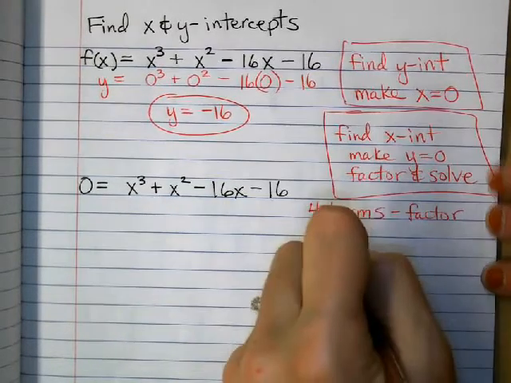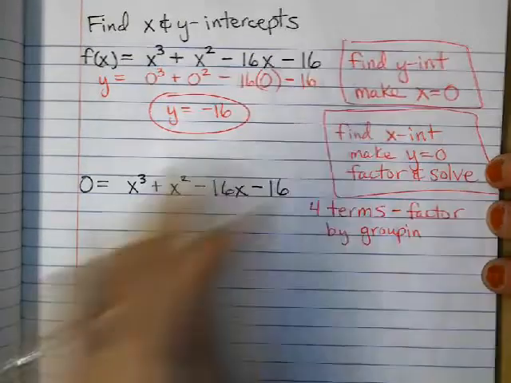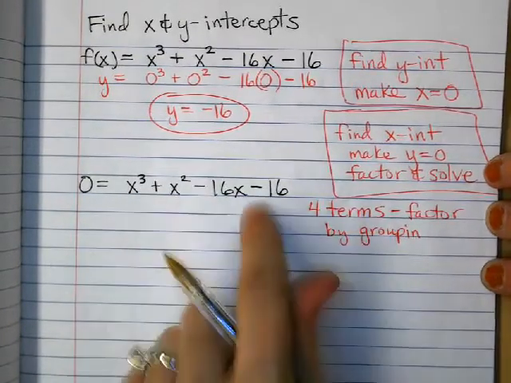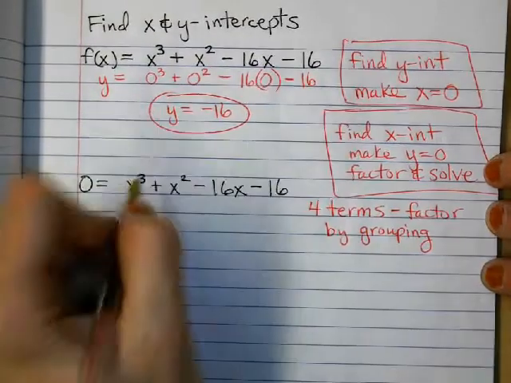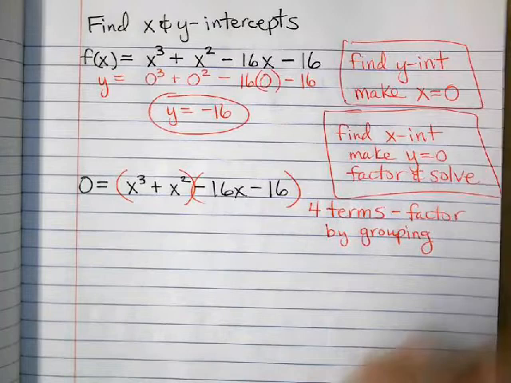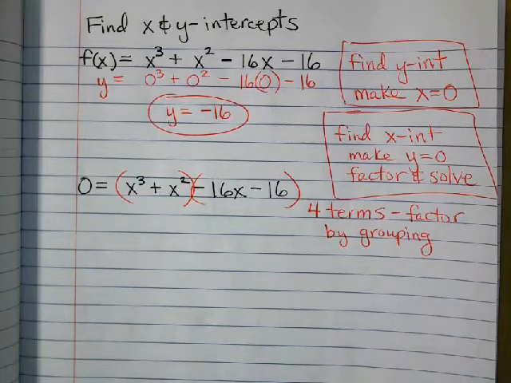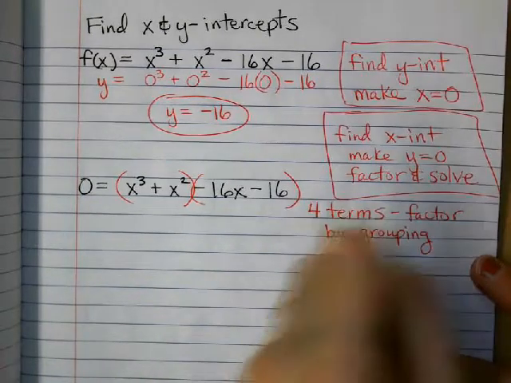I'm trying to show you how to do a 4-part one. You group this pair together and this pair together. It's not terrible if you know how. You do it in 2 groups. You factor by grouping, and you take out the greatest common factor.